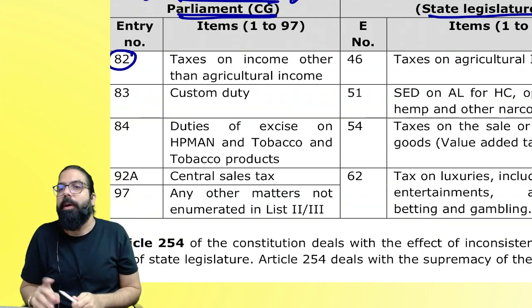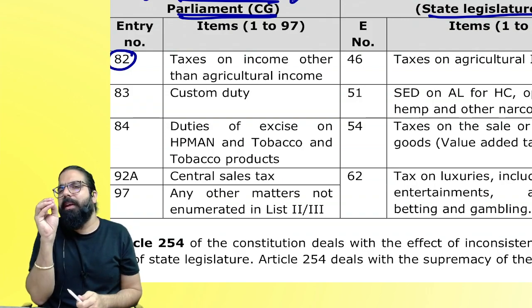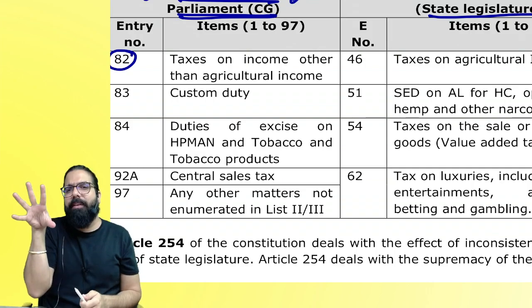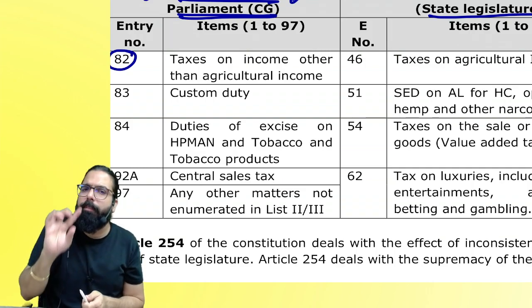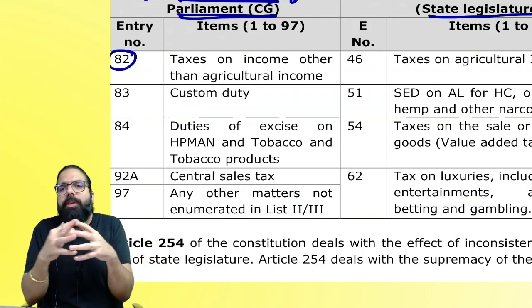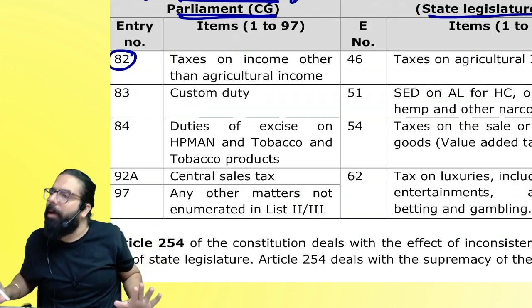List number 1. If there is any item which has only state relevance, then that will be included in list number 2. And the last one is list number 3. Any item on which both the governments can together make the law is list number 3.